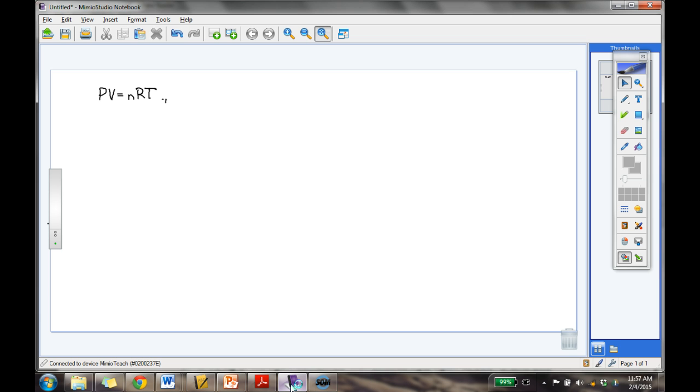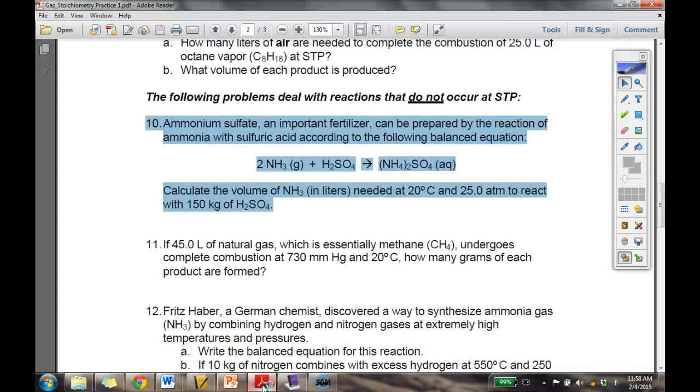Okay, so in the equation, we've been able to identify a few things. P equals 25.0 atmospheres. We were asked for V, and we want to find V, so that's the thing that we don't know. There was no mention of the number of moles, so we're going to find that one out.